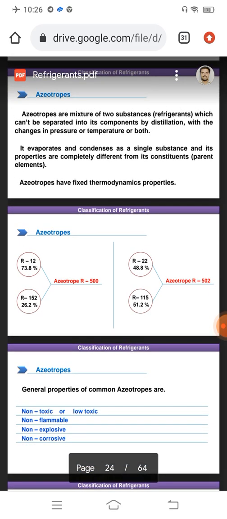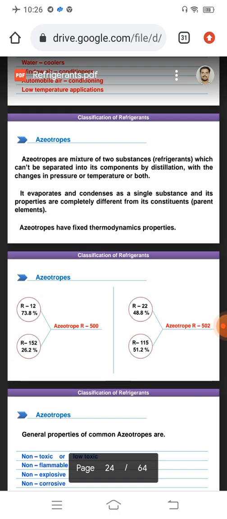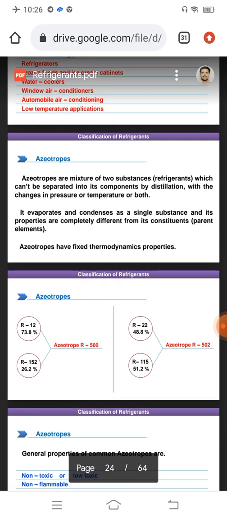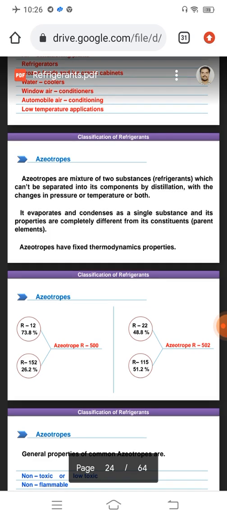So there are azeotropic refrigerants, zeotropic refrigerants, and non-azeotropic refrigerants. The azeotropic refrigerants are mixtures of two or more refrigerants with similar boiling points.